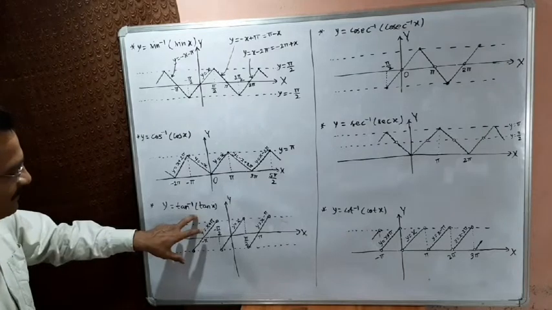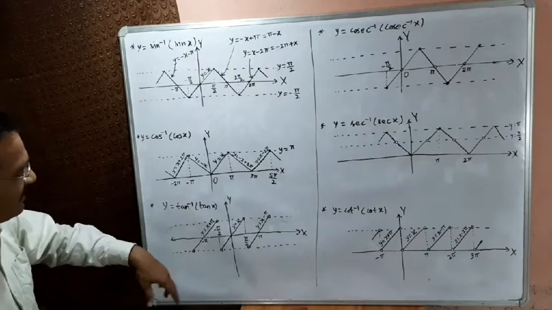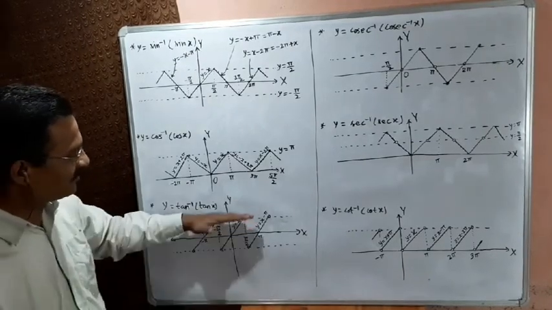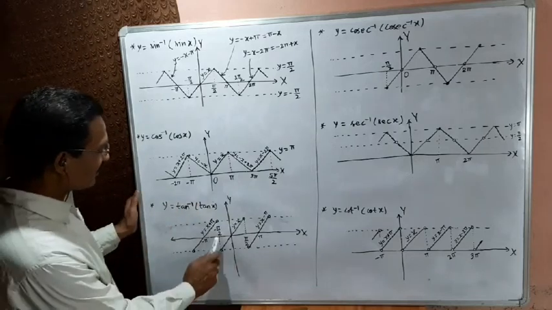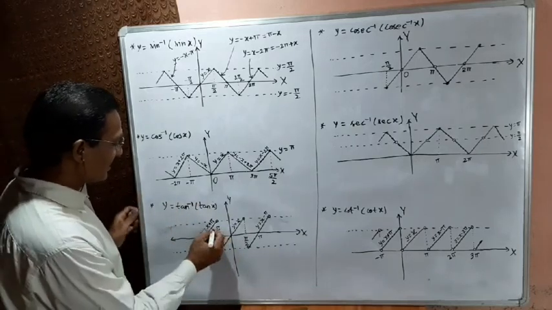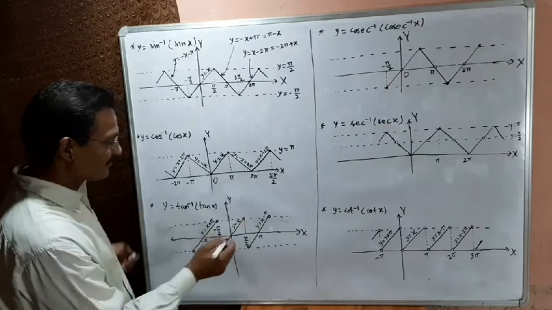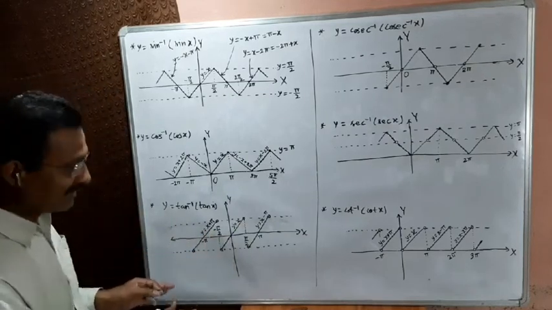Similarly, tan inverse x. The value of tan inverse lies between minus pi by 2 to pi by 2. Between minus pi by 2 to pi by 2, the curve will be y equals x. No transformation required.